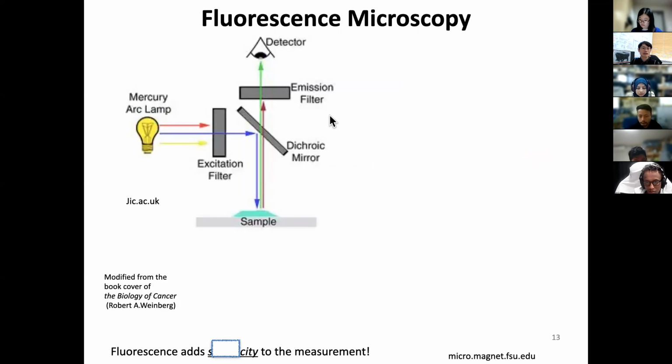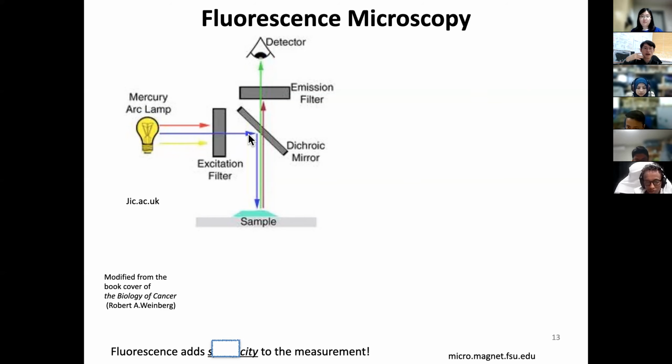Now I want to discuss how to build a microscope with fluorescence. In fact, once you know, it's very, very simple. It's as simple as this diagram. You have a mercury arc lamp that shines light, and you pick the right excitation for the sample. So you choose a blue light, and this geometry is called the epifluorescent geometry.